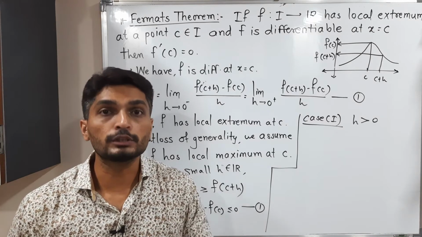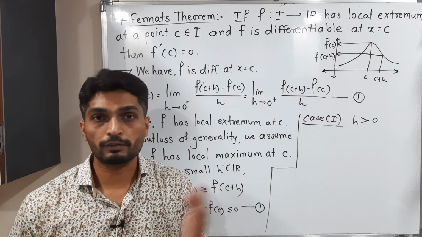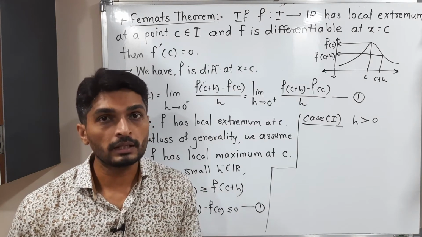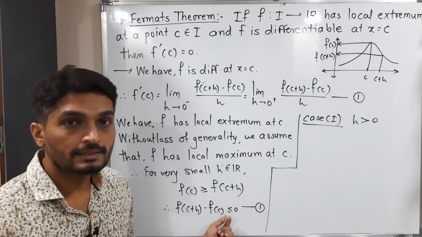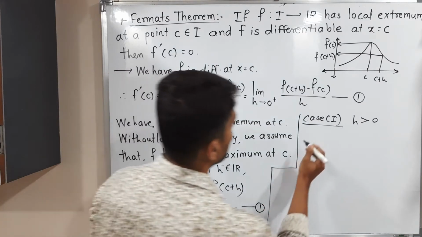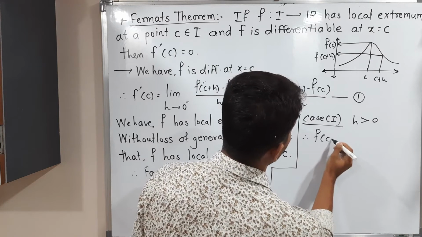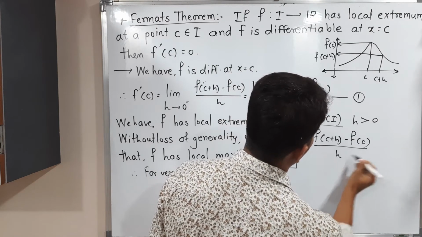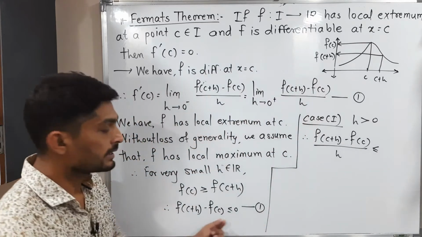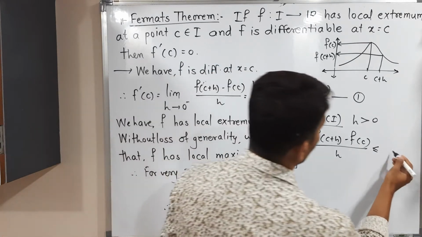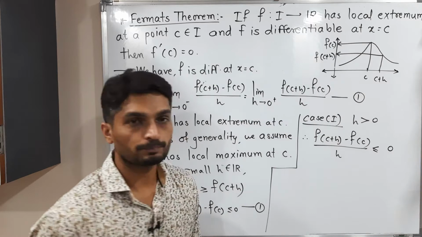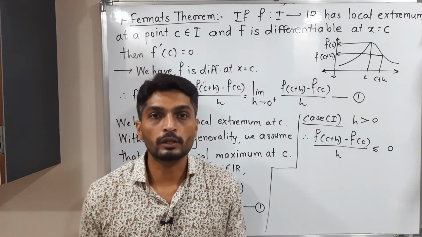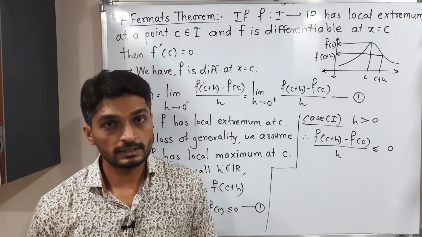Since h is positive, if you divide by a positive real number, the inequality stays the same. Therefore, f of c plus h minus f of c divided by h is less than or equal to 0 upon h, and 0 upon any non-zero number is always 0.